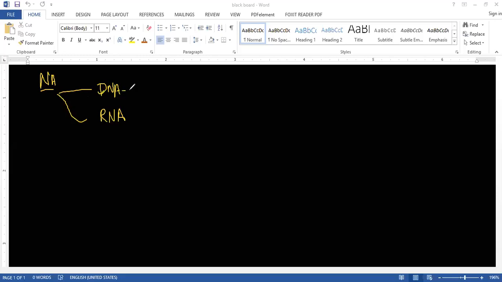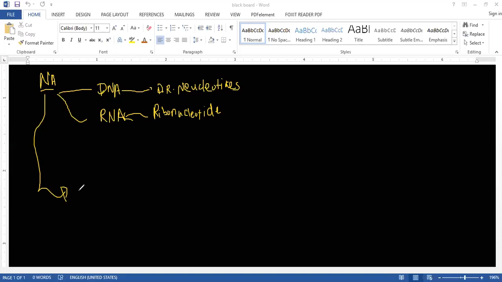So the basic structural unit of DNA is deoxyribonucleotide, and the basic structural unit of RNA is ribonucleotide. But commonly, what is the basic structural unit of nucleic acid? You can say nucleotide.